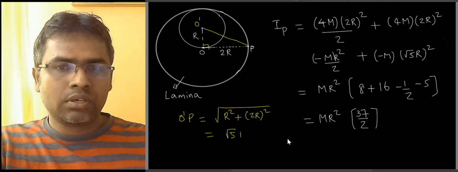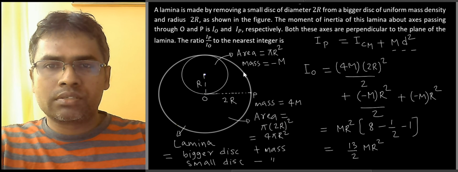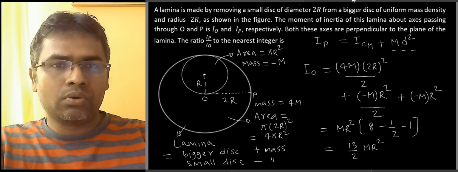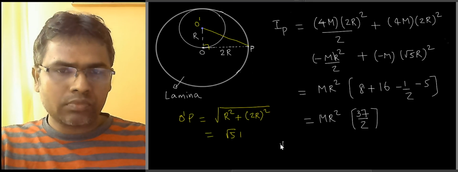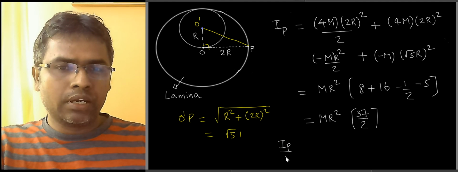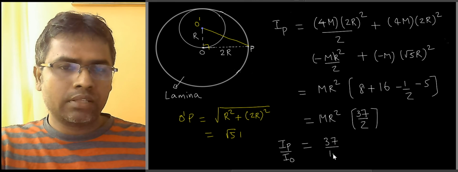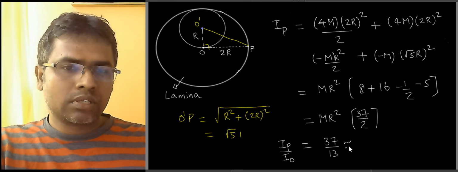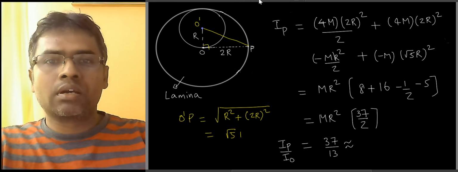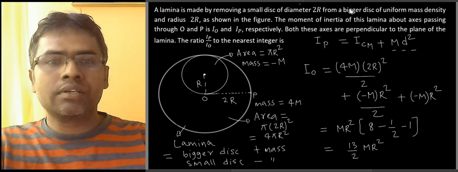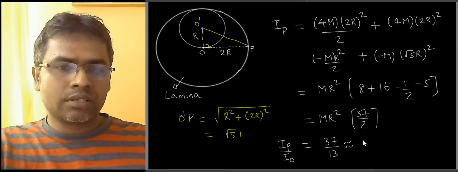When we take the ratio of the moment of inertia about P and about O, ignoring the common factors, it is simply 37 by 13. I think they are looking for the nearest integer, so the nearest integer is 3.